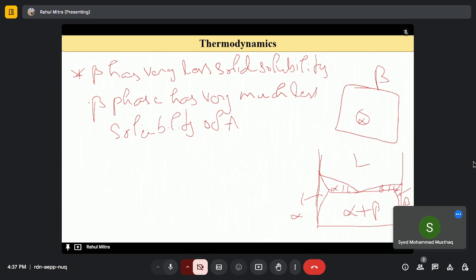So then what happens? If we draw the G versus X, the free energy versus composition diagram, it goes on positive. So this direction or the opposite direction is negative. And here we have the mole fraction of B.